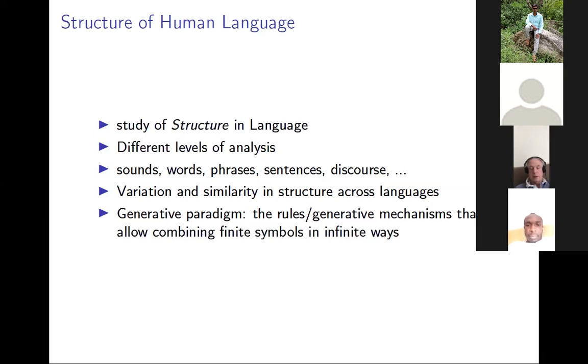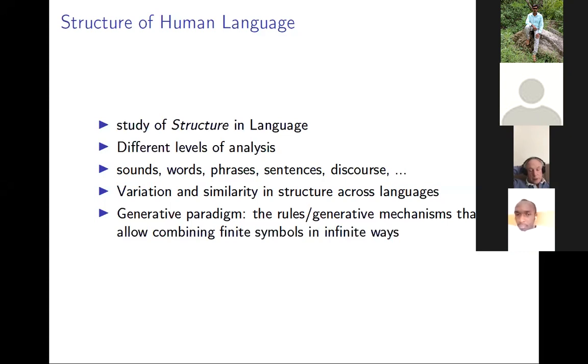Similarly, at the word level, you will see as we cover more material in this course that there are tight constraints. You can't create a word out of any sequence of sounds. If you look at English, there are many combinations which are not possible, like the combination of b followed by n.